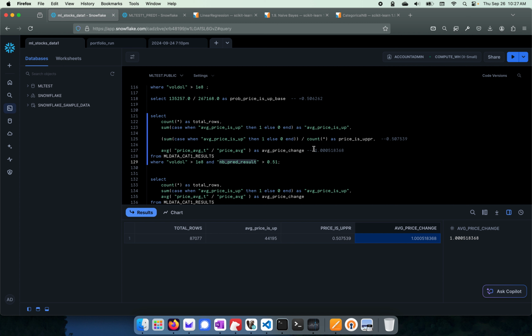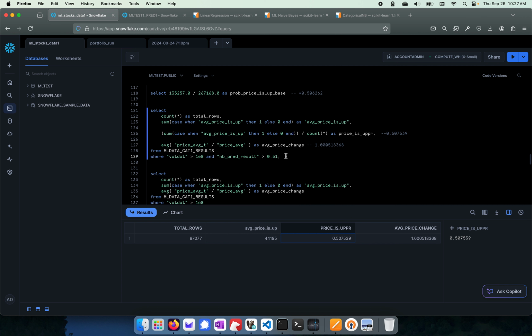So we've found an edge here out of the market, and the average price going up has actually increased from 50.6% to 50.7%. So we have a small edge also in the likelihood that it goes up.